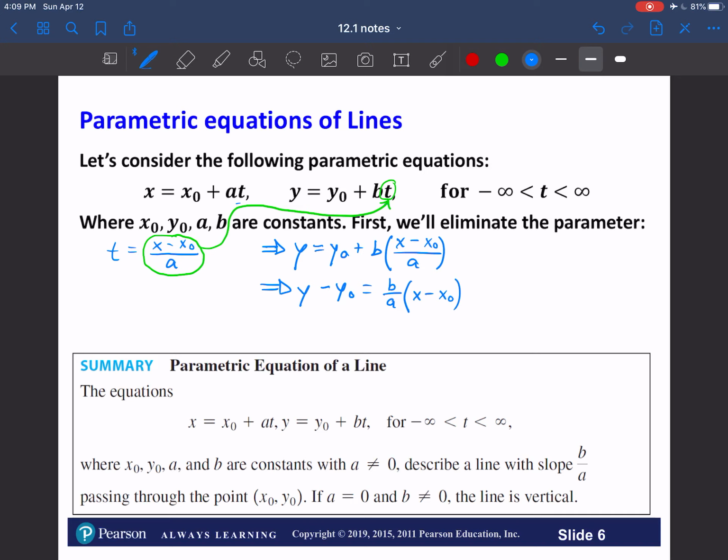Hopefully it looks at least a little bit familiar. This is exactly point slope form for a line, where our slope is b over a and the point that it goes through is x naught, y naught.